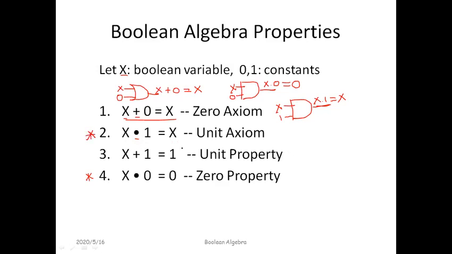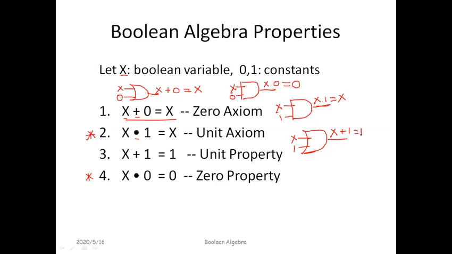Then we now go to number 3. Number 3 is an OR operation. So for an OR operation, we have x here and a 1. For an OR operation, as long as there is a 1 appearing, then know that the answer will be 1.